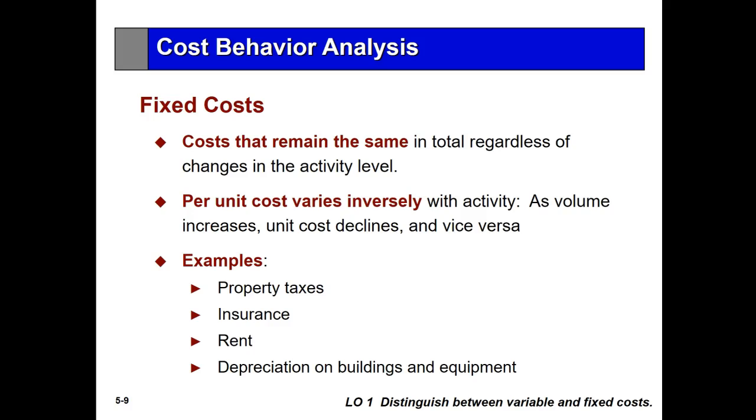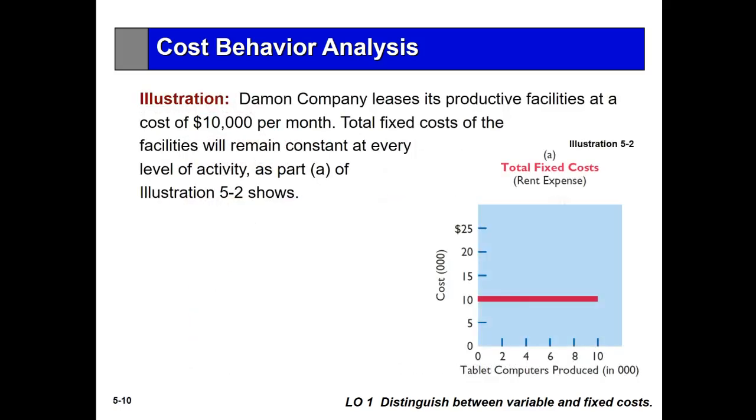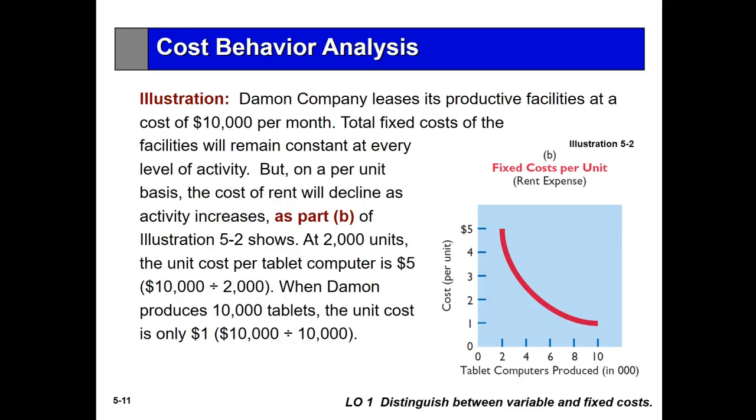That's the nature of a fixed cost. It varies inversely. If I was to graph it, it would look like this. On a per unit basis, the more I produce, the more the per unit cost comes down. It's about spreading the fixed cost over a larger number of units.